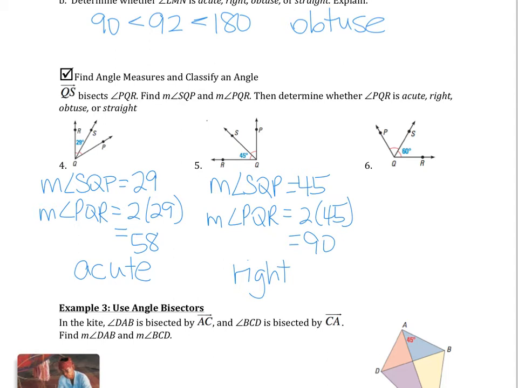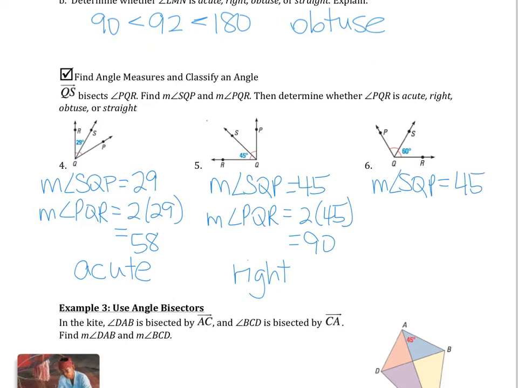In the first one, again, the smaller angle is the same as the other, so they're both 29. The large angle, PQR, is 2 times 29 is 58, and that is acute. The second one, SQP is 45.